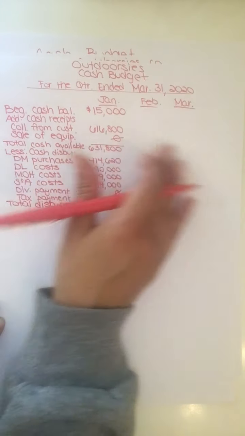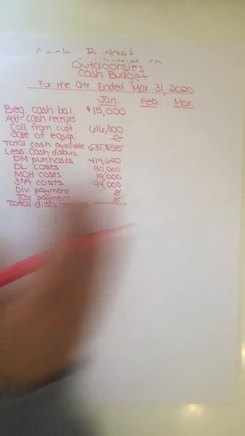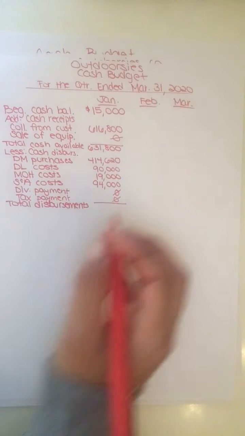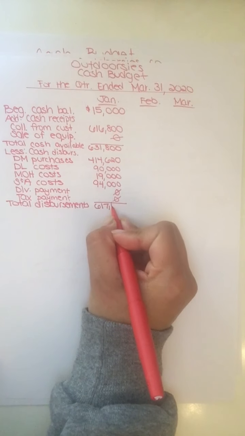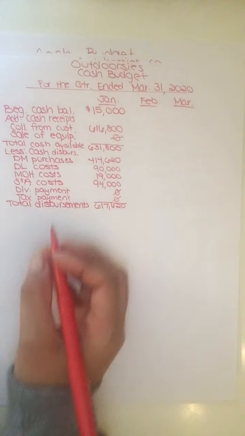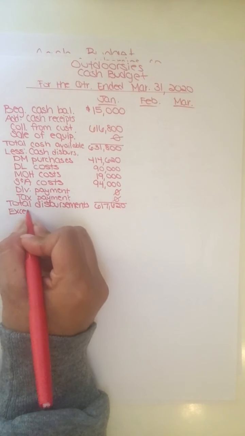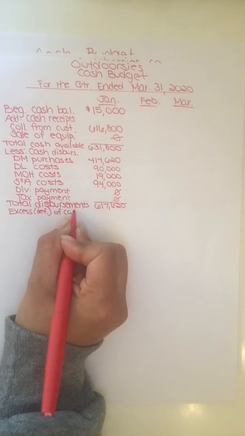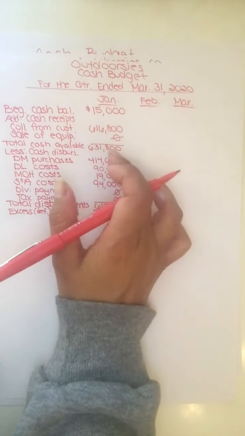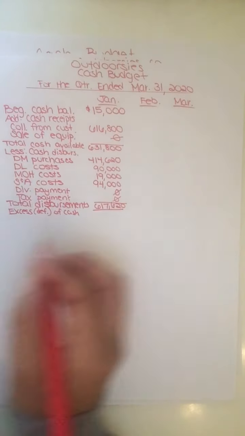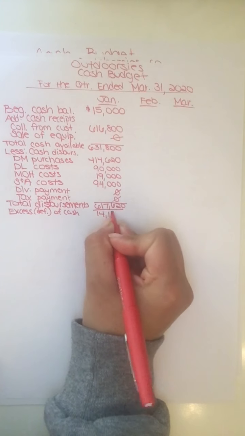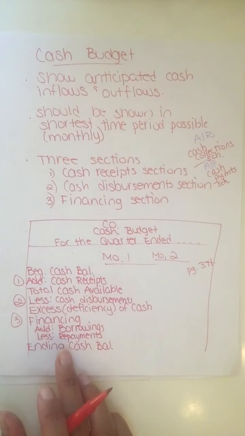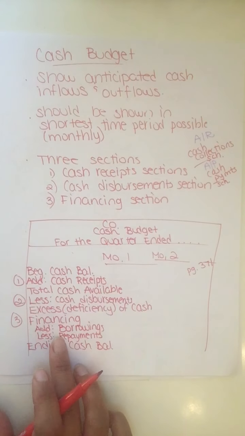I didn't, but perhaps I should have left that to complement the next few months. All right, total disbursements, $617,620. So now we'll go on to our excess or deficiency of cash. Subtract that from your cash available. We get an excess of cash of $14,180.